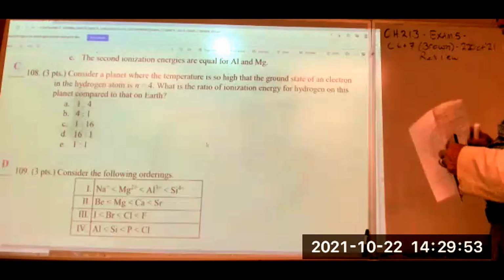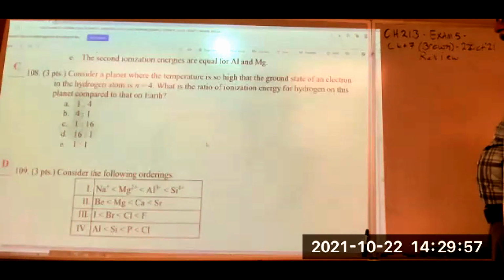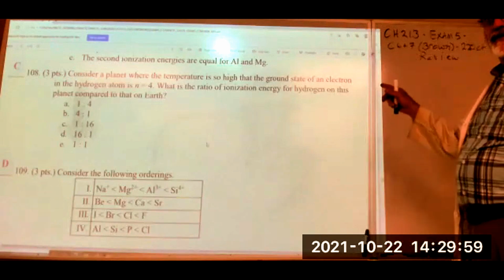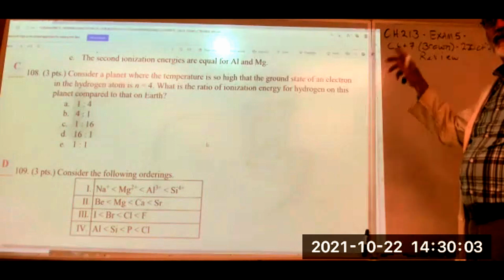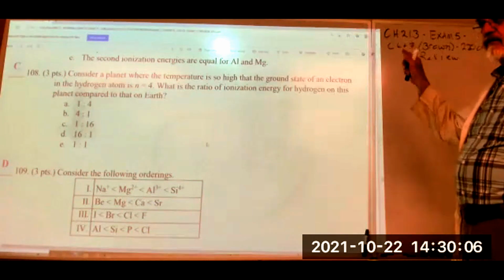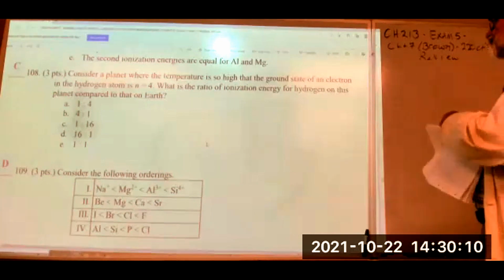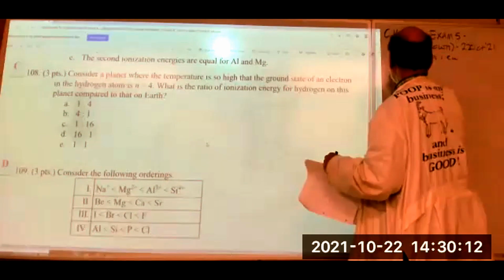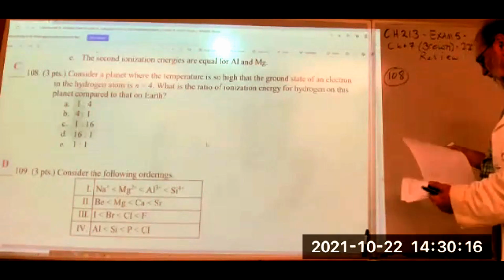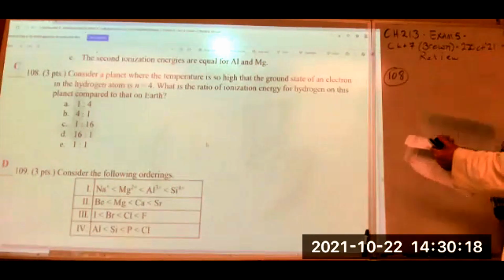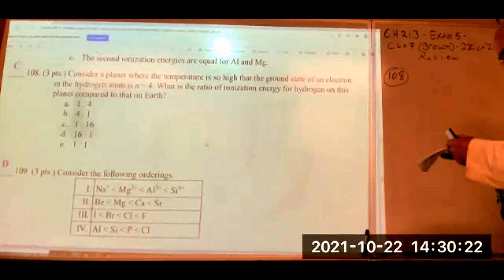So we know the ionization energy on Earth is going to be larger than it is for this planet, because the electron has further to go from n equals 1 to infinity rather than n equals 4 to infinity. Did anybody try this one? No, I don't blame you.